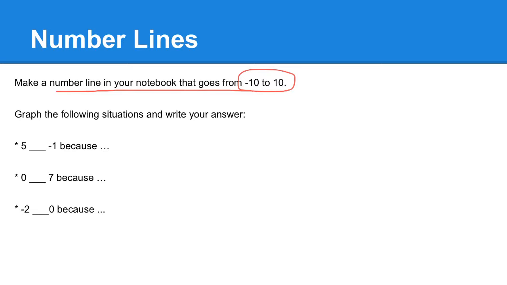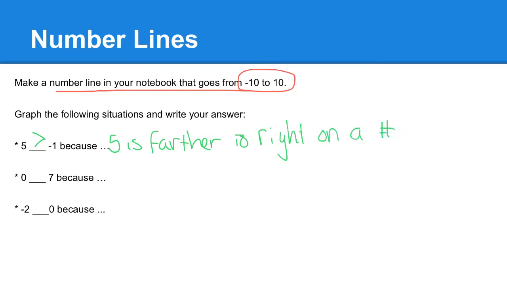All right, so this first pair, 5 and negative 1, you're going to find that 5 is greater than negative 1, and the reason is because 5 is further to the right on a number line. Numbers that are further to the right are larger.